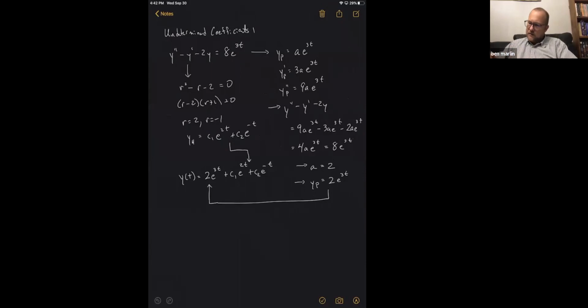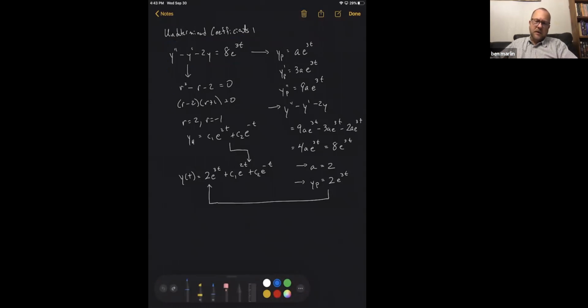But if we take a look at this non-homogeneous differential equation we've got here, we see that the left-hand side is going to have an indicial equation that looks like r squared minus r minus 2 equals 0, okay?